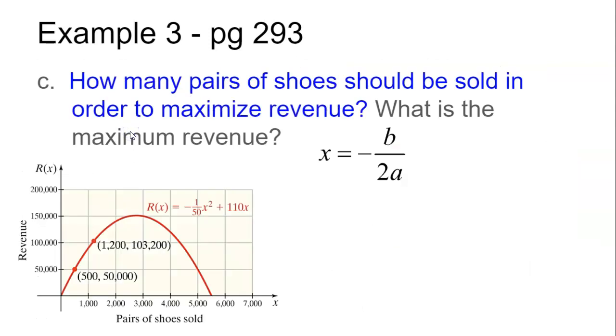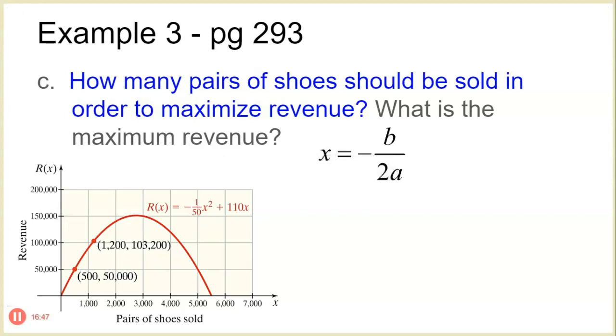So part C is how many pairs of shoes should be sold in order to maximize revenue. Well, again, maximize indicates a vertex. So our vertex is somewhere around here in the graph. And that means I can utilize this formula that we talked about previously in the notes and also in section 4.1, the opposite of b divided by 2a, over my function here.